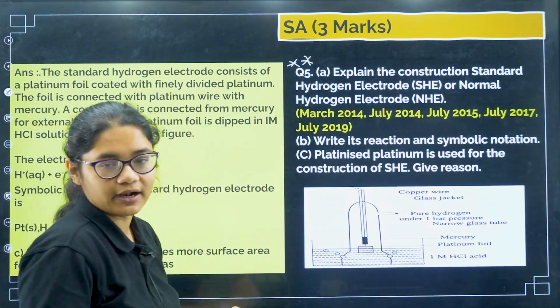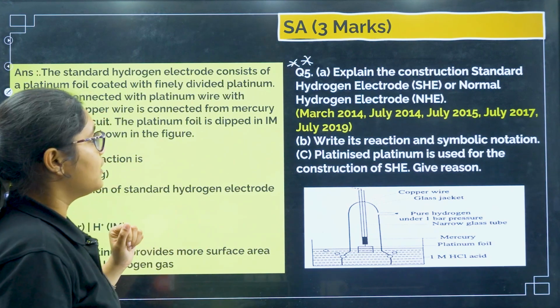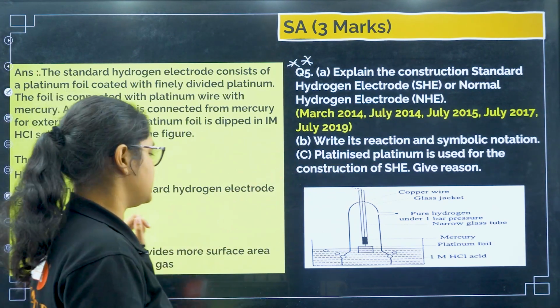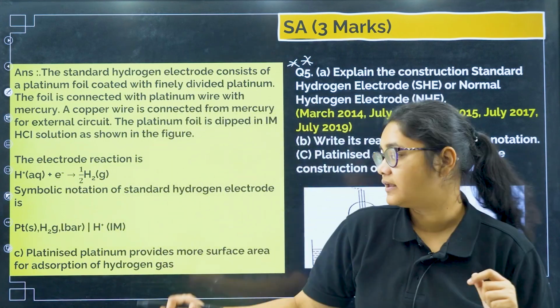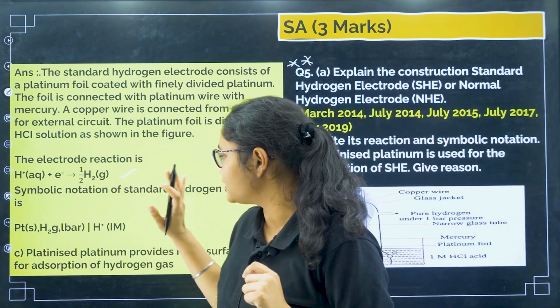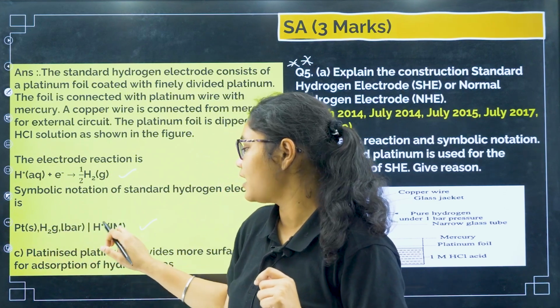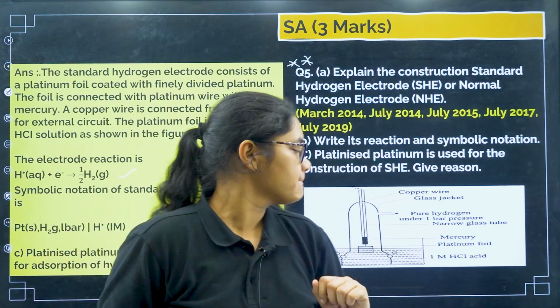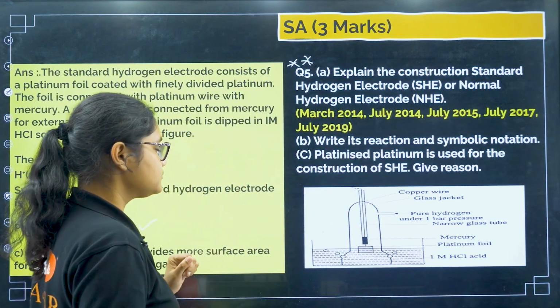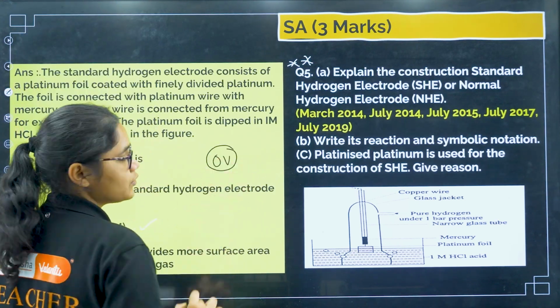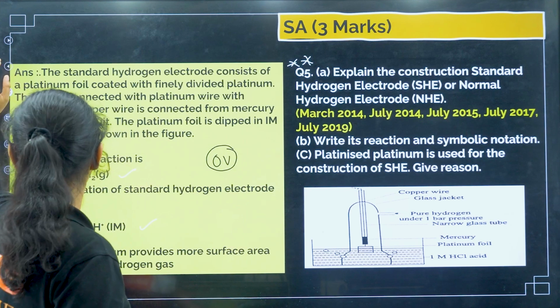This is how you can show that. And then what happens? Write the reaction and the symbolic notation. So you can see the reaction, H+ plus electron gives you half H2, that is the reaction, and the symbol is Pt, H2 (1 bar) | H+. Okay. And this SHE potential is considered to be 0 volt. Okay, this also you should know.